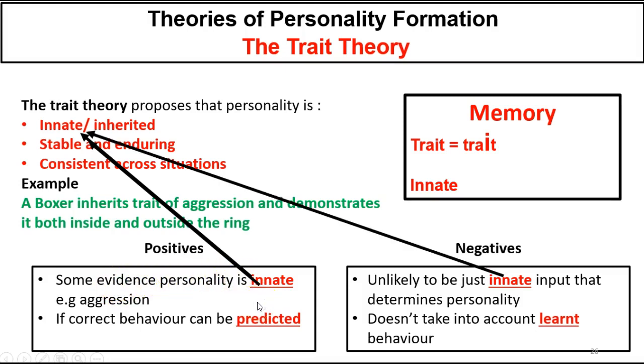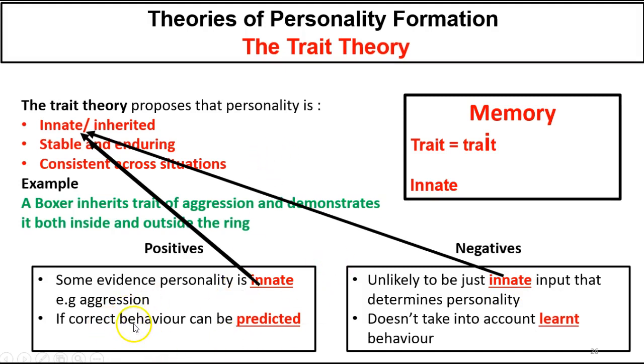And then you're saying, however, personality is unlikely to be completely innate. And from that one descriptor, you have got a double evaluation point. By using the word innate to describe the theory, you can then say there are some positive strengths of the theory, there's some evidence personality types are innate, for example, aggression. However, it's unlikely to be just innate. And from that, you have got two separate strengths and weaknesses that are using the same word, as long as you word it correctly.